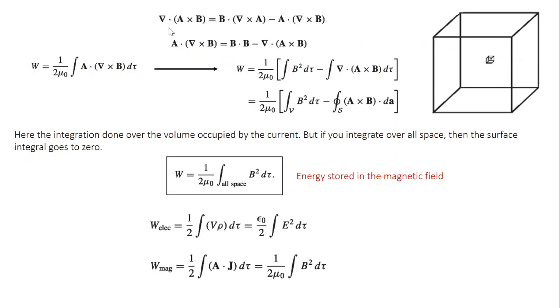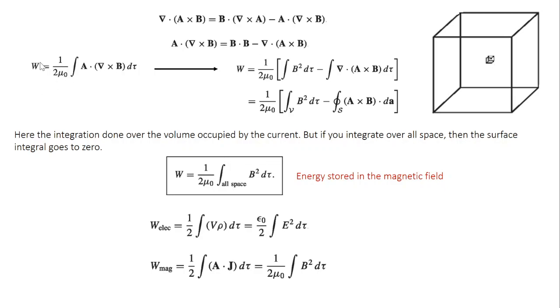Now from the product rule in vector analysis, we know that del dot A cross B equal to B dot curl of A minus A dot curl of B. And this is discussed in chapter 1. If any of you want, you can look up the proof for this theorem in chapter 1. So if you rearrange the terms here, you get A dot curl of B equal to B dot curl of A minus del dot A cross B.